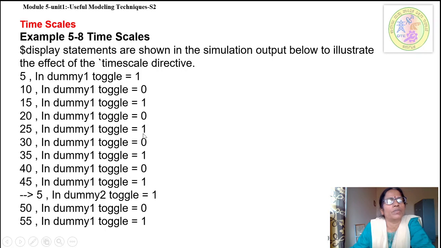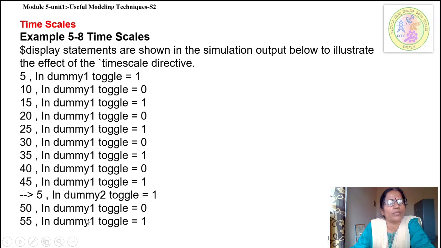Toggling it is giving 1010 like that, and 5 1 2 3 4 5 6 7 8 9, at the 10th, because it is 10 times more than dummy1, dummy2 is displaying toggle equal to 1, and at 50 again it's coming dummy1, then dummy2.